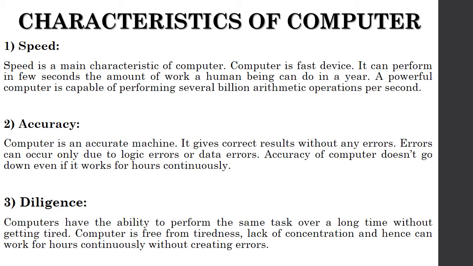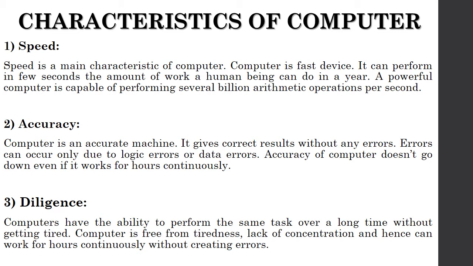If we human beings perform any kind of work, for the first 15-20 minutes we perform it correctly, but then sometimes we tend to make mistakes. Whereas a computer, even if it works continuously for hours and hours, its accuracy will never go down. It will always give you correct results without making any errors.